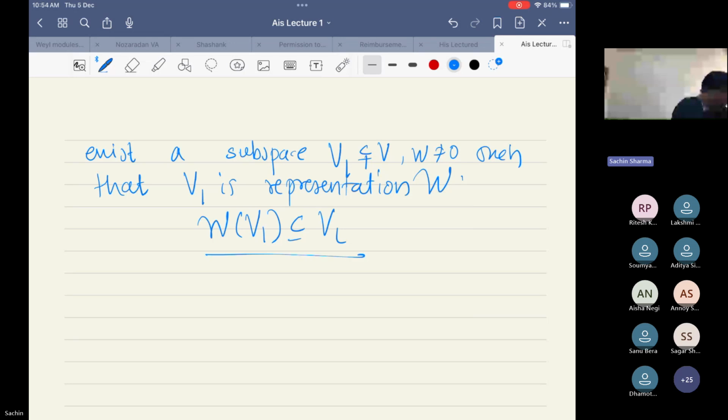So the action of W is preserved on V1. If there is no such thing, then you say it is an irreducible representation.